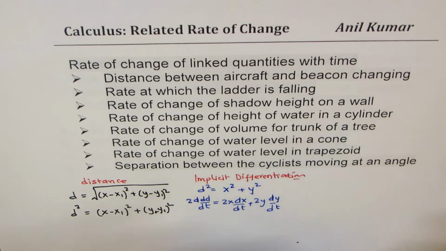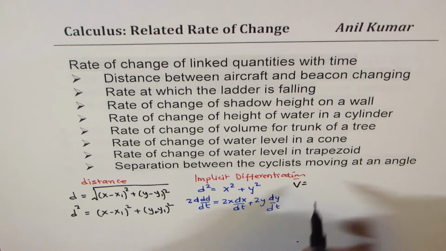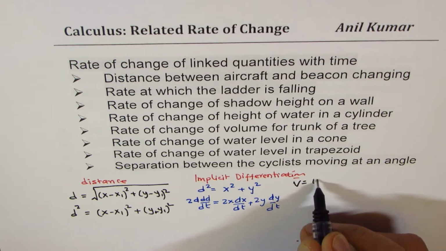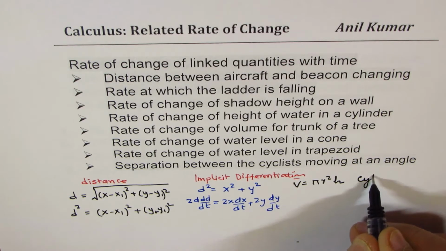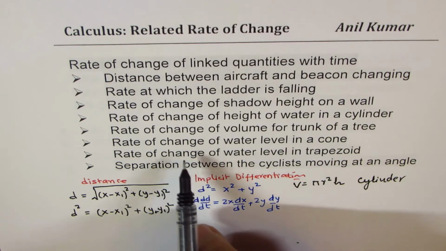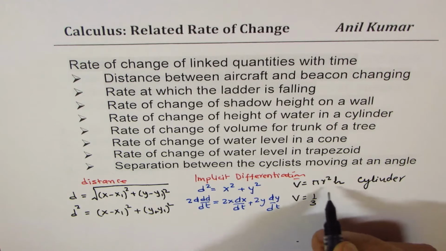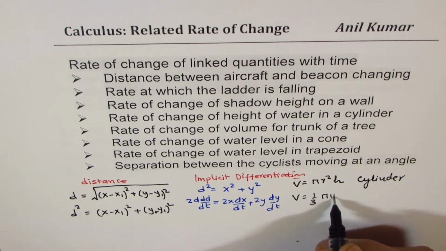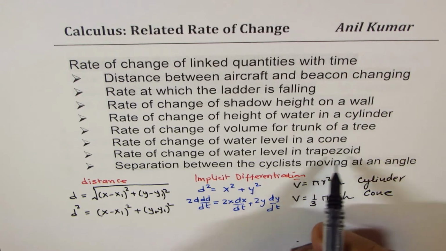So if you are working with a cylinder, you may use volume. Volume for a cylinder is pi r square h, right? Then we have a cone. Volume for a cone is 1/3 of that of the cylinder, 1/3 pi r square h.